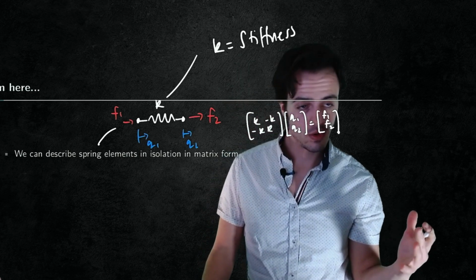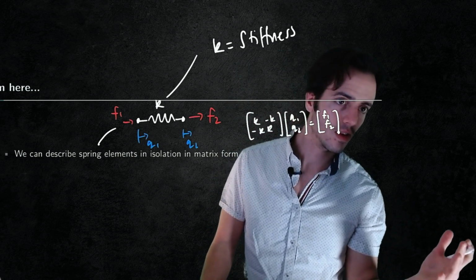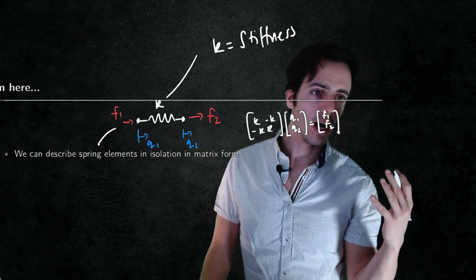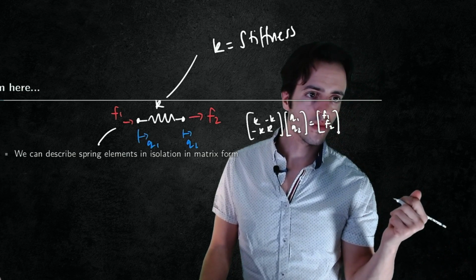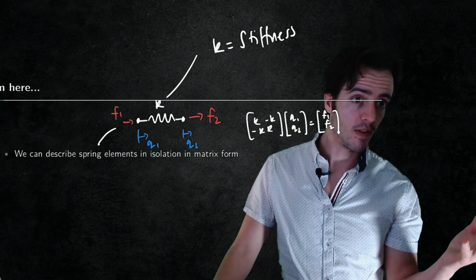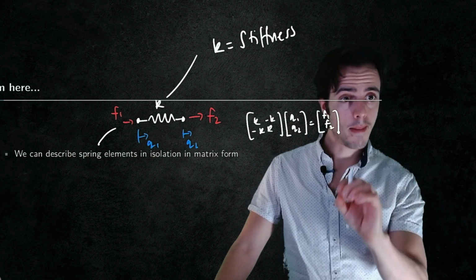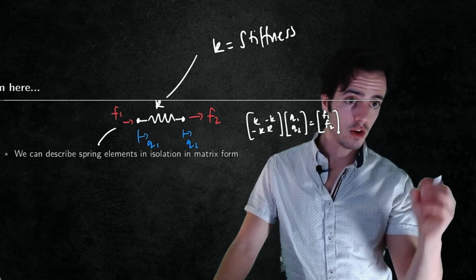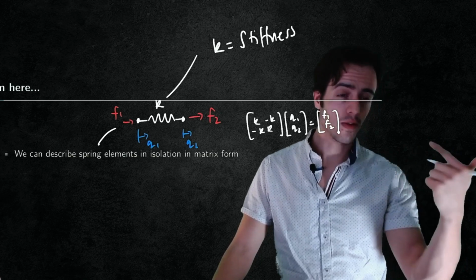So the stiffness of a truss frame member is simply going to be a function of its length, Young's modulus, and cross-section area.